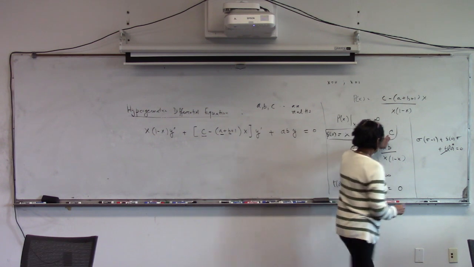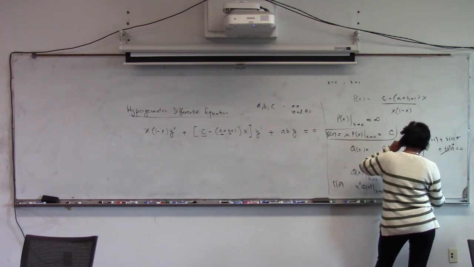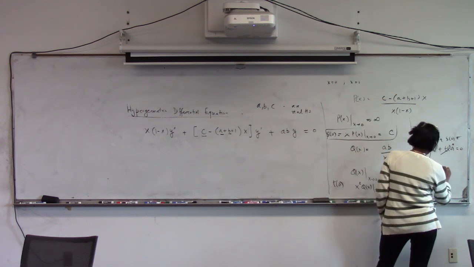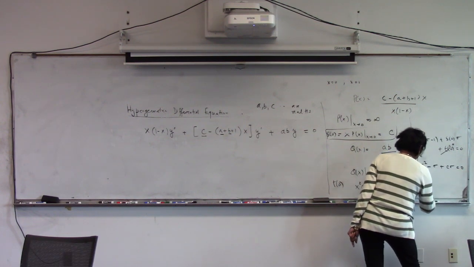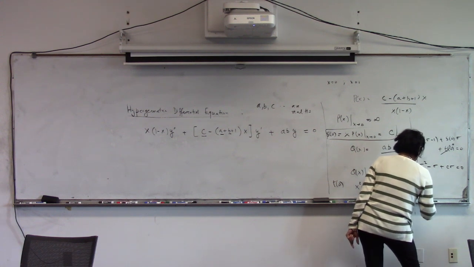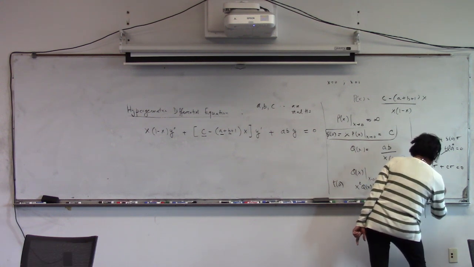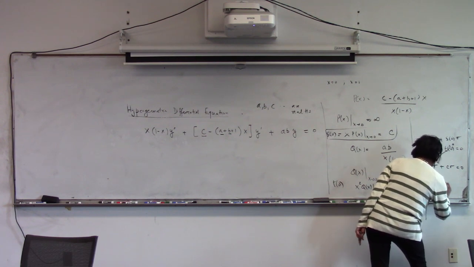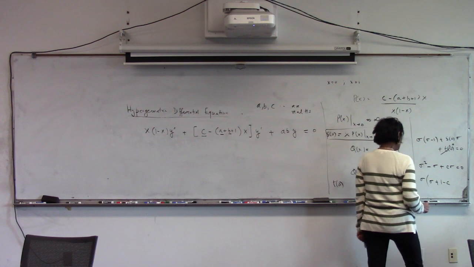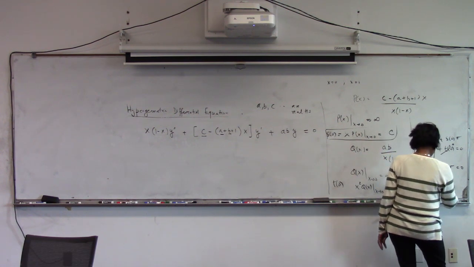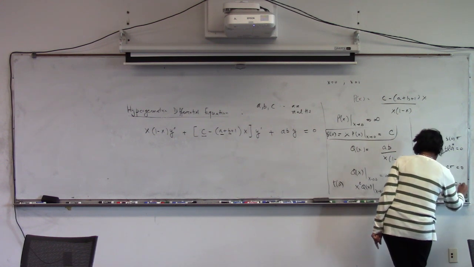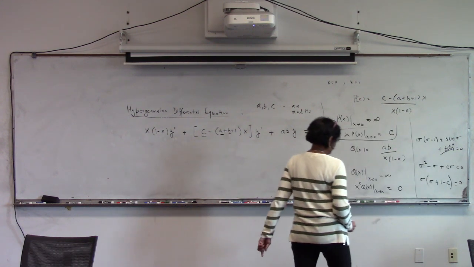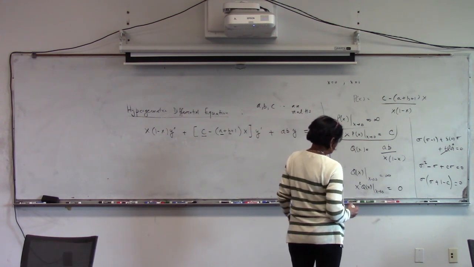S0 is C, so what I have is sigma squared minus sigma plus C sigma equal to 0, or I have sigma plus 1 minus C equal to 0. Is that correct?